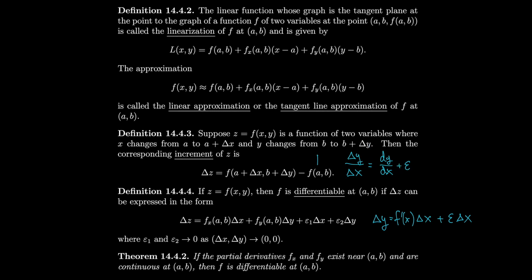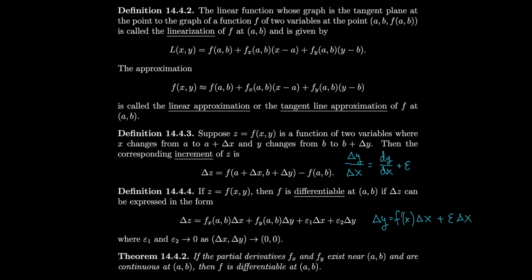So this works provided that epsilon tends to 0. The difference between dy/dx and whatever number I'm adding to accommodate for the difference between that and our increments just goes to nothing as we take our limit. So if our function is differentiable, this must be true where epsilon goes to 0. And an analogous form for multivariable calculus is with our increment delta z in terms of our partial derivatives instead of our f prime.